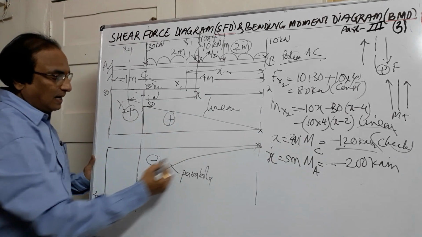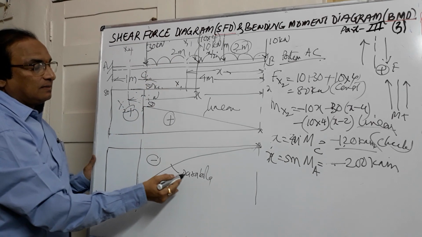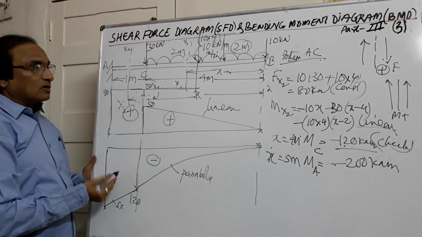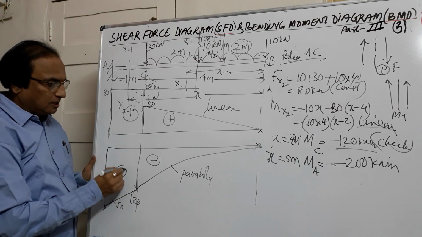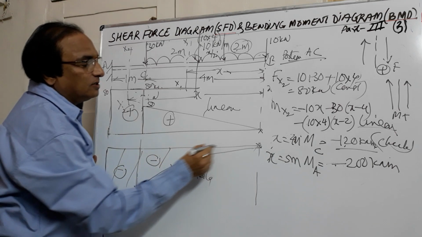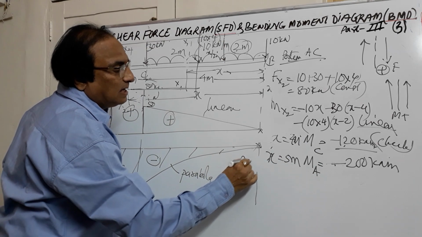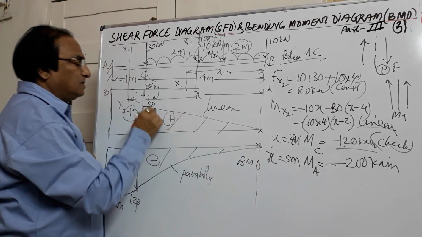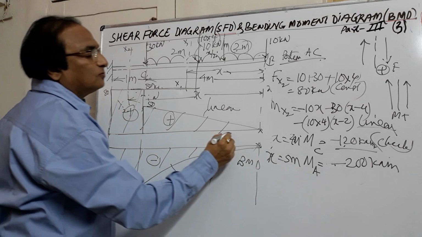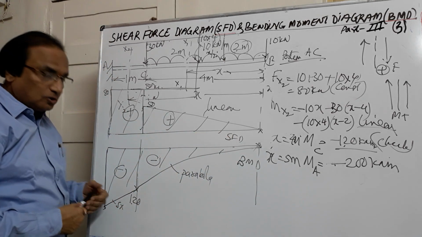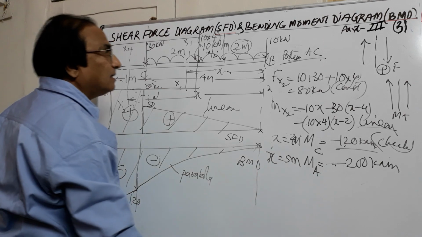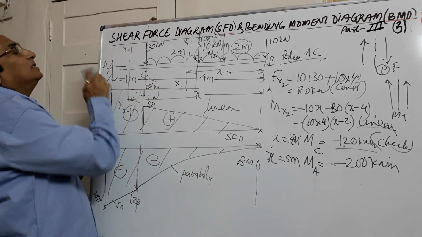So this portion is parabolic. Wherever UDL is there, it will be a parabolic bending moment diagram. Where concentrated loads are there, they are linear distributions. So this is negative. This diagram is called the bending moment diagram, and this diagram is the shear force diagram. Here we see the combination of both concentrated load and uniformly distributed load.